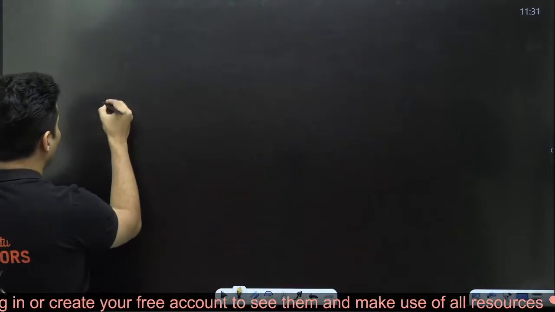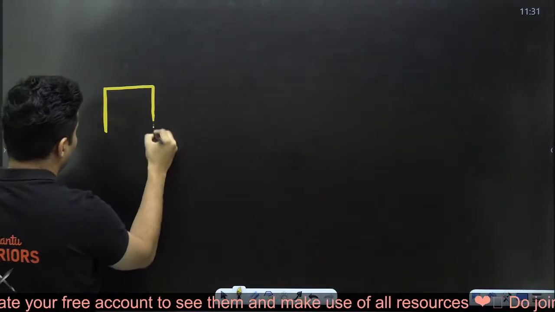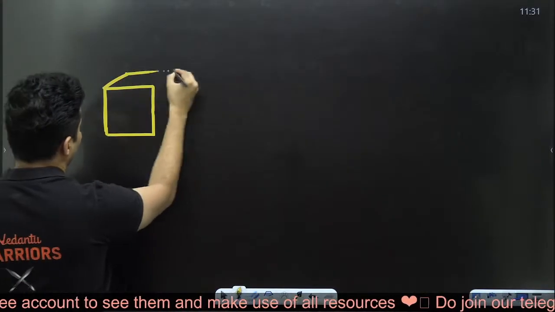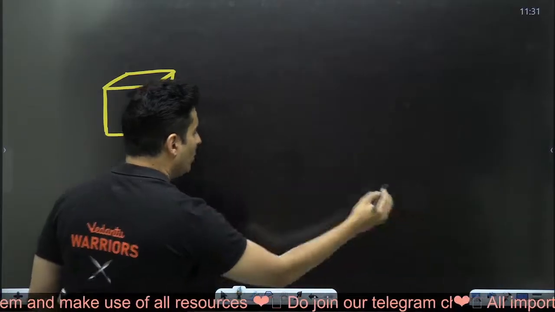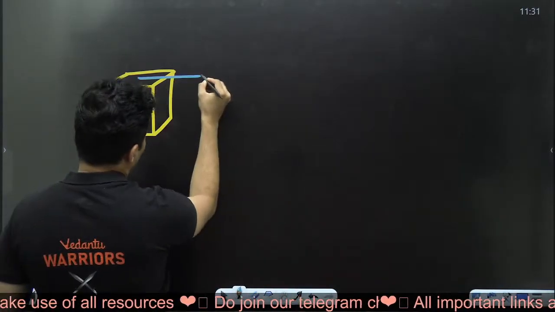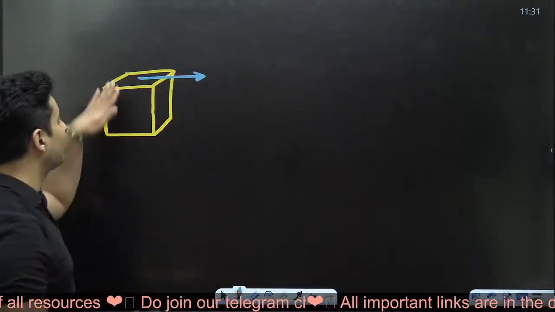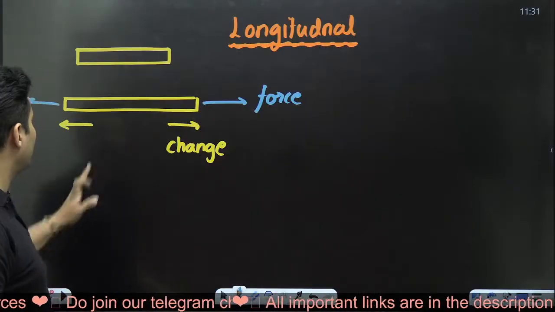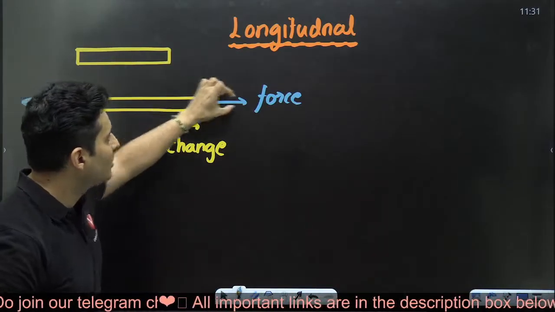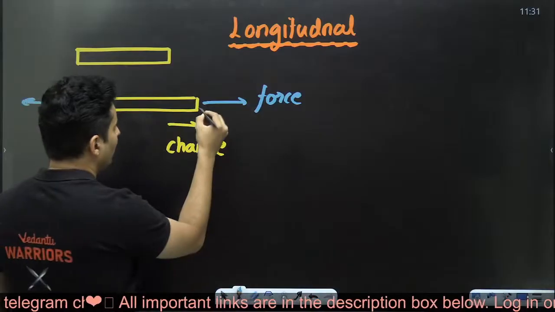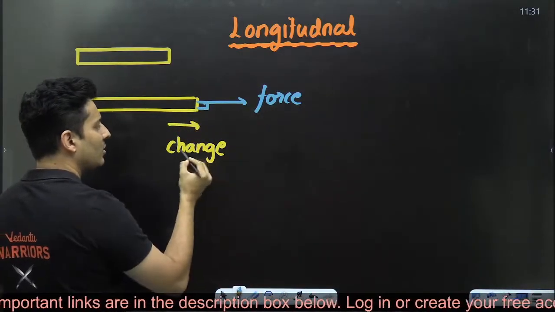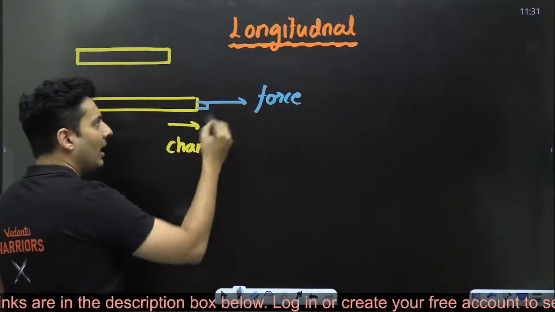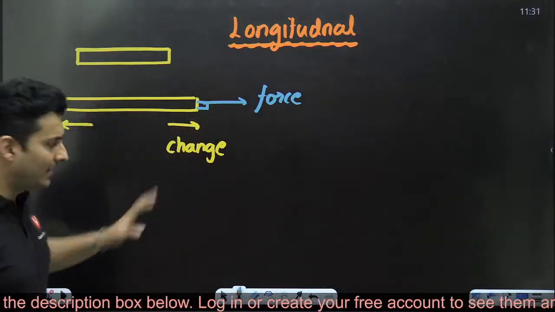your shear deformation. Imagine there is another rod or box or solid like this. What you do is you apply a force parallel to the surface, not perpendicular to the surface. In the earlier situation the force was perpendicular to the surface and caused the change along the same line.